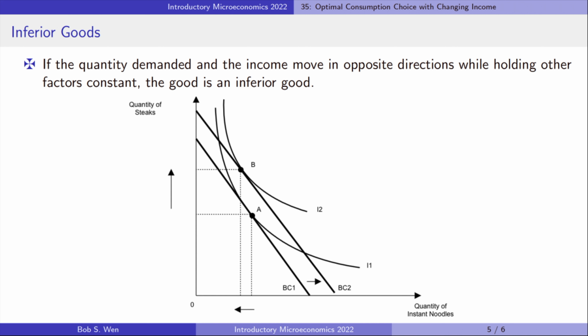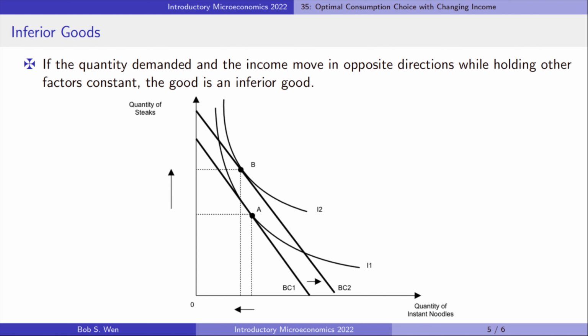When you become richer, you still have to choose between the two goods, and you probably consume more of both. In our example, the other good available is steak. Most people prefer steaks over instant noodles overwhelmingly. So they consume fewer instant noodles but much more steaks as income increases.